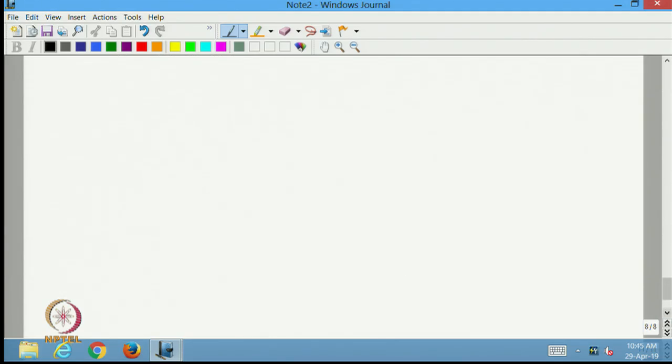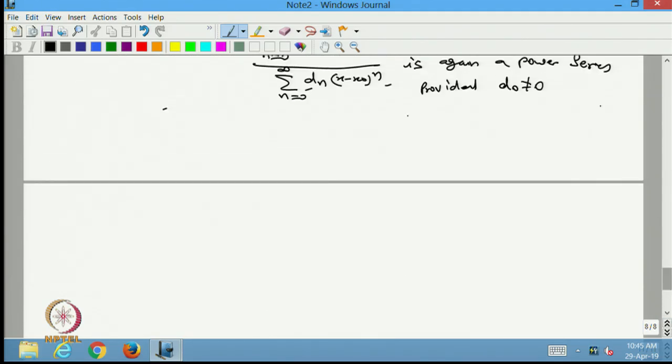Next, now after doing this one, we will try to give a new concept that is called analytic functions. So, what is the meaning of an analytic function?